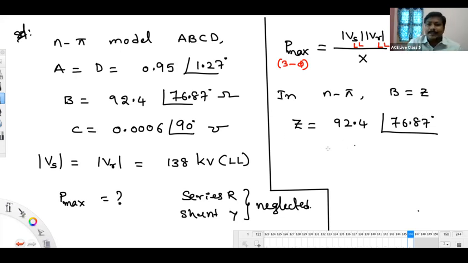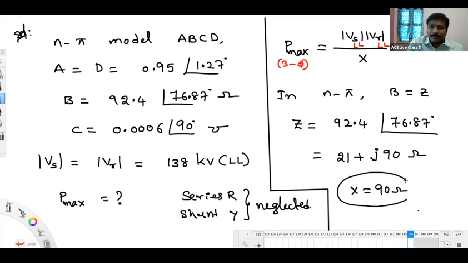If you expand it and take the real and imaginary parts, you may get something like 21 plus j90 ohms. You take the imaginary part of that, 90 ohms. I can say X is equal to 90 ohms.